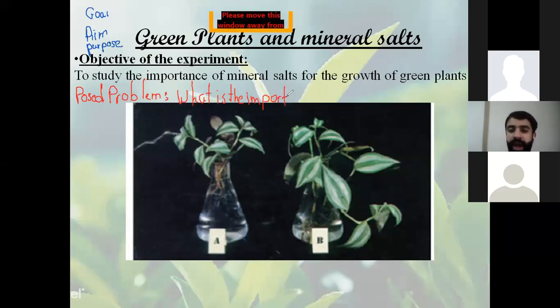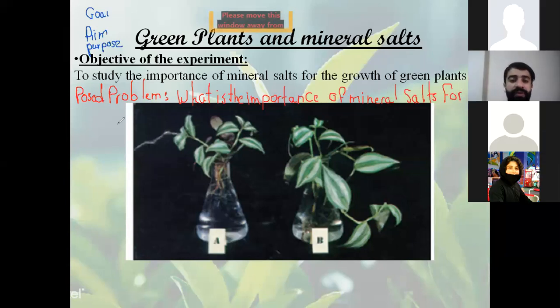So what is the importance? Adam did this in the form of a question. It's similar to the aim, but he did it in the form of a question. So what is the importance of mineral salts for the growth of green plants? Always the posed problem should be in the form of a question.